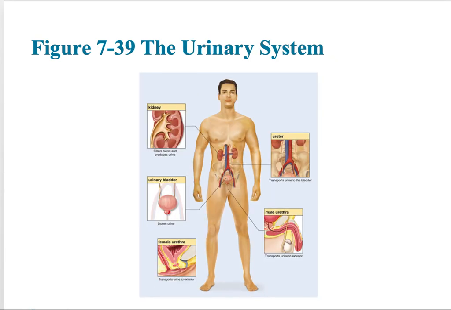The urinary system comprises the kidneys, the ureters, the bladder, and the urethra. The kidneys have an important function to rid the body of excess fluid and to help filter out some of the system. However, they are also important in relation to the adrenal gland that sits on top of the kidney.